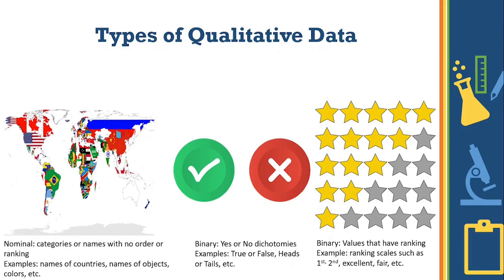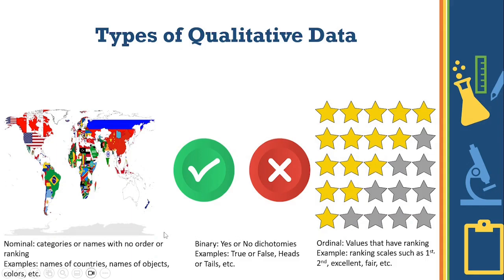And qualitative data, or categorical data, represents categories, names, groups, etc. They're commonly classed into three categories: nominal, binary, and ordinal.